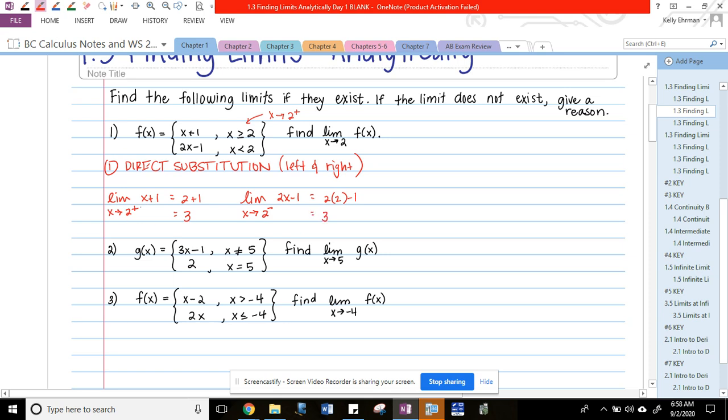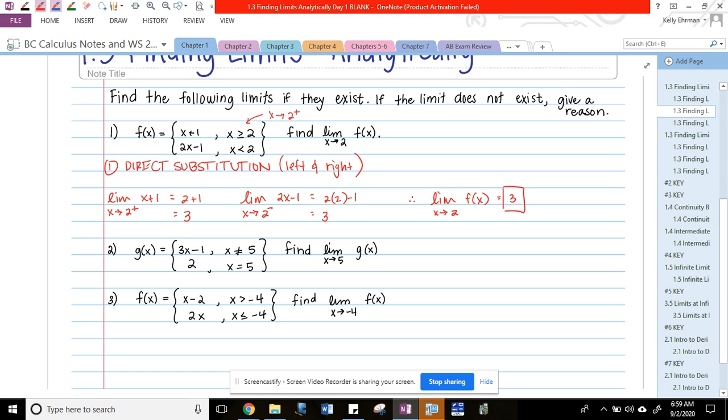Since the right-handed limit and the left-handed limit are the same thing, this limit exists, and it's 3. So, therefore, these 3 little dots in a triangle, that's a mathematical symbol for therefore. So, therefore, the limit as x approaches 2 of f of x is equal to 3. You need your limit notation, and it's important to show this work and write things out.